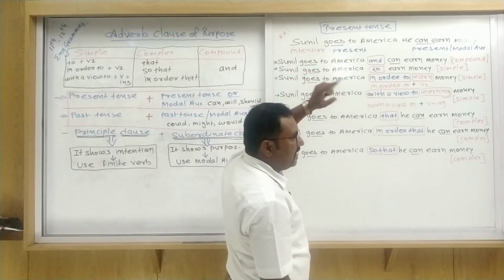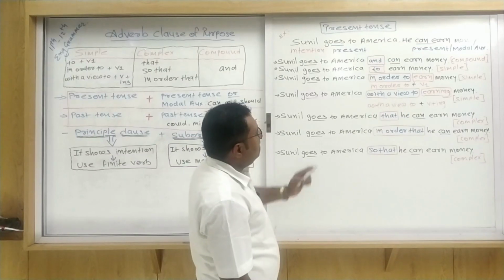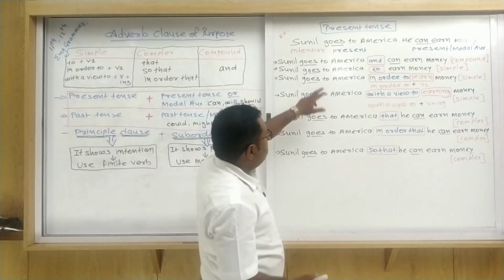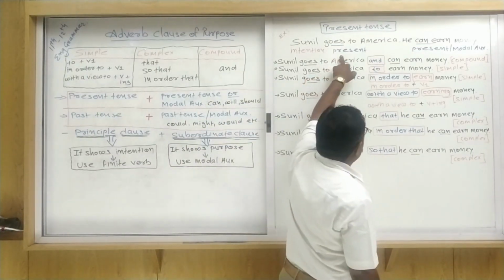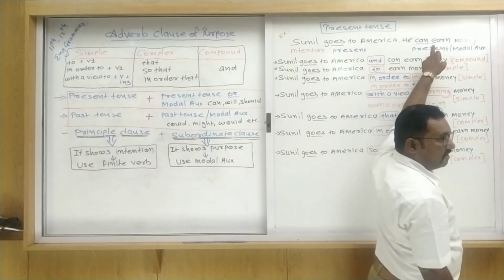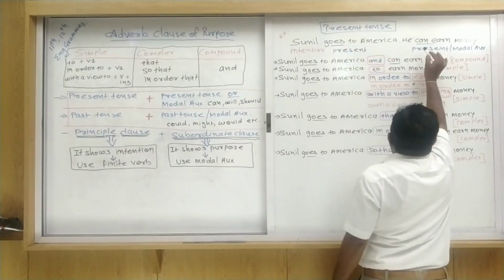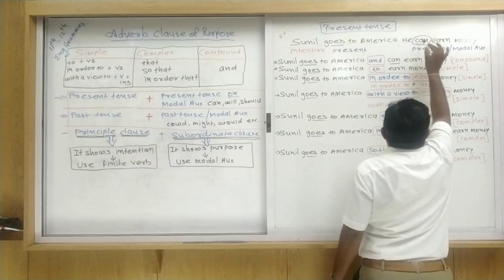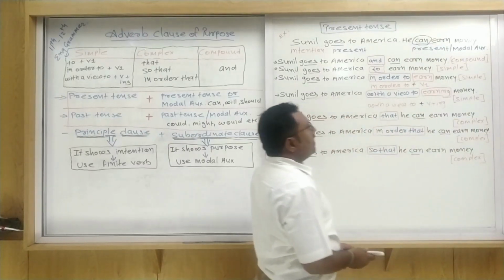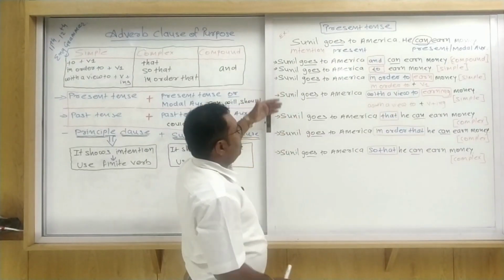Sunil goes to America, that is the intention. And what is the purpose behind it? He can earn money. So the first sentence is in present tense, so we have to use present tense using modal auxiliaries. See that goes, so here can plus V1, he can earn money.